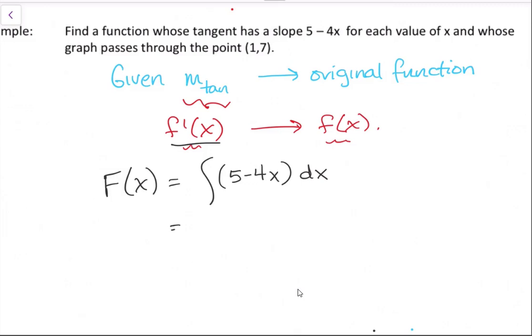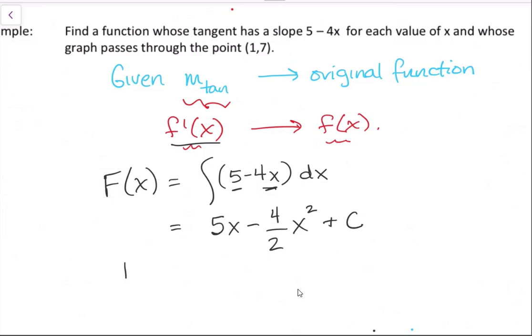If we integrate, constant rule, so the integral of 5 is 5x. Power rule here, so coefficient over exponent plus 1, and then my constant of integration.